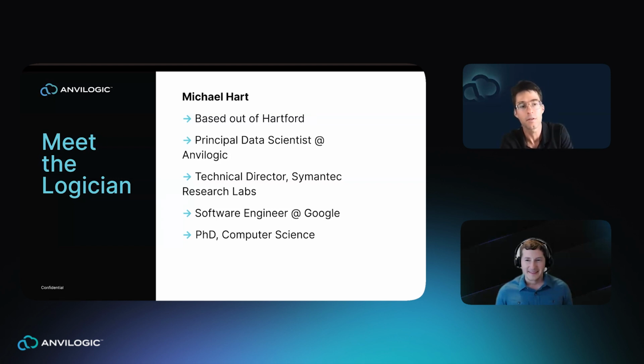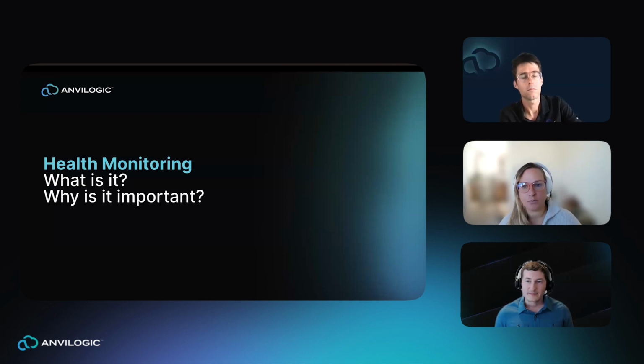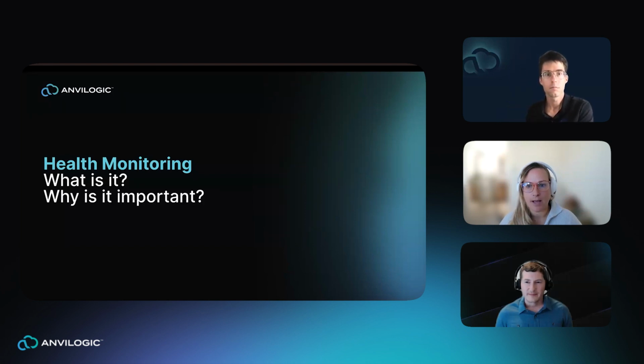So guys, before we jump in, just because we have the time and I would like to ask these questions, before we get into the health monitoring, I'd love to hear from each of you your take on where this convergence is happening between AI and security, because you both come from this background. It's not a typical background.